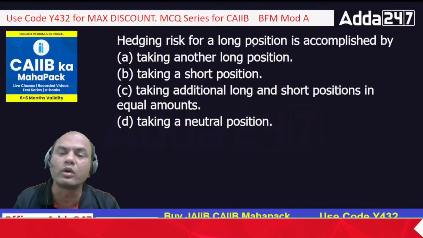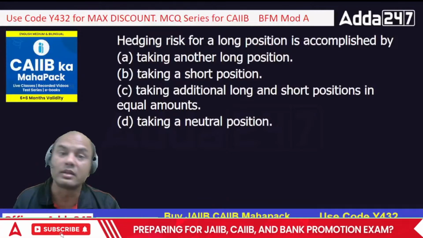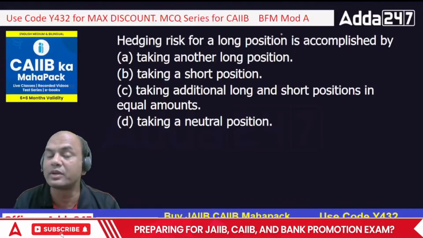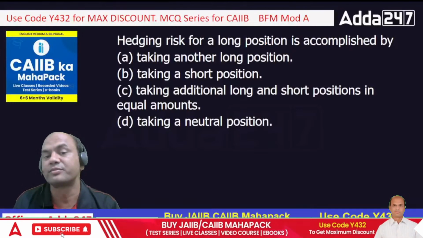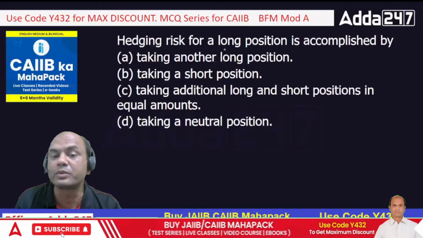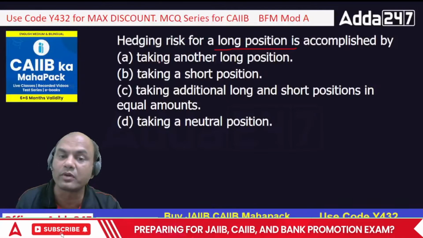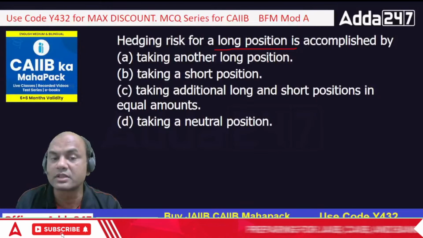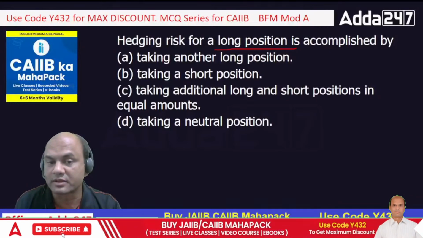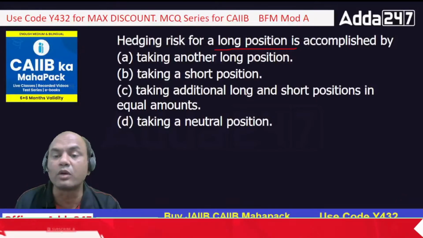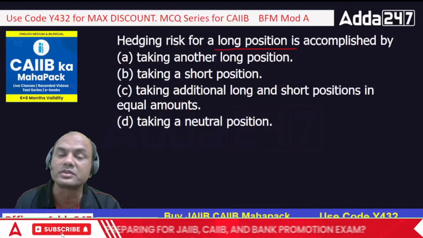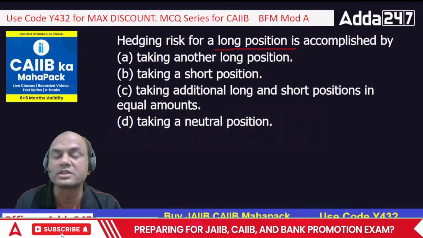Hedging risk for long position is accomplished by. Now this is what I have given you in the start of my lecture. Hedging risk for long position. Long means if I am long on any commodity, is accomplished by what? Taking another long position, taking a short position, taking additional long and short positions in equal amounts, taking neutral position.